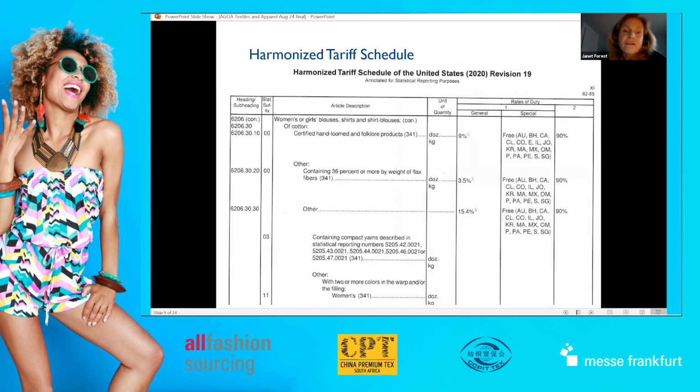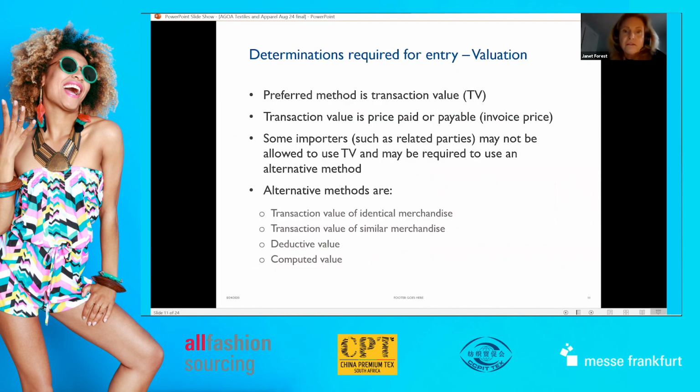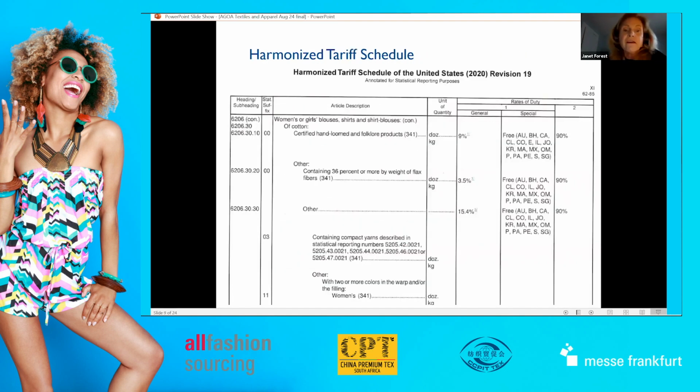Then you start looking at the article description, and you start at the left margin, and you see it's women's or girls' blouses. Then you go down a level and you go down one level, and this is describing cotton women's blouses, and they would either be certified hand-loomed or other, which is not certified hand-loomed.